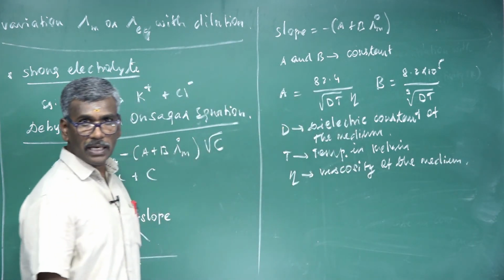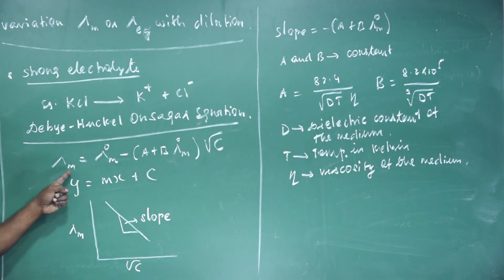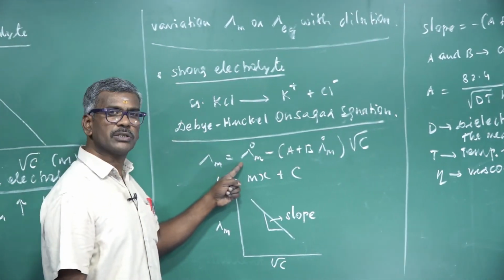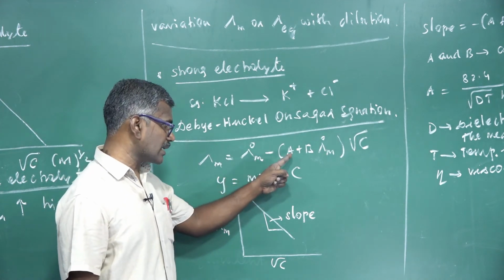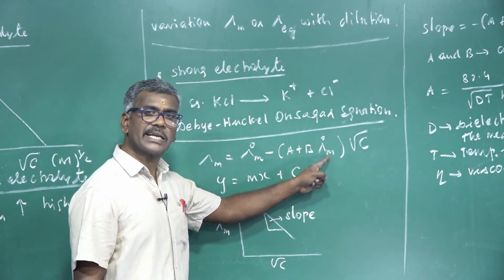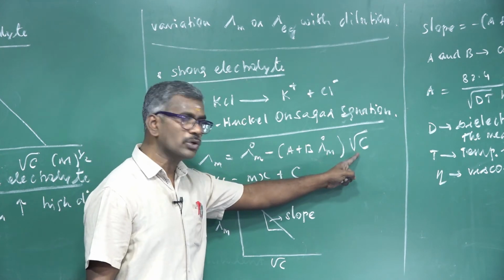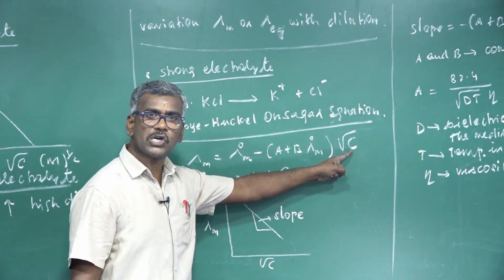What is the Debye-Huckel-Onsager equation? Molar conductance equals molar conductance at infinite dilution minus A plus B times molar conductance at infinite dilution into root C, where root C is the concentration.